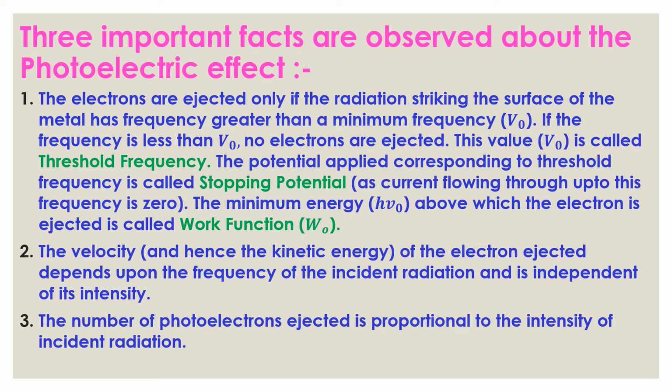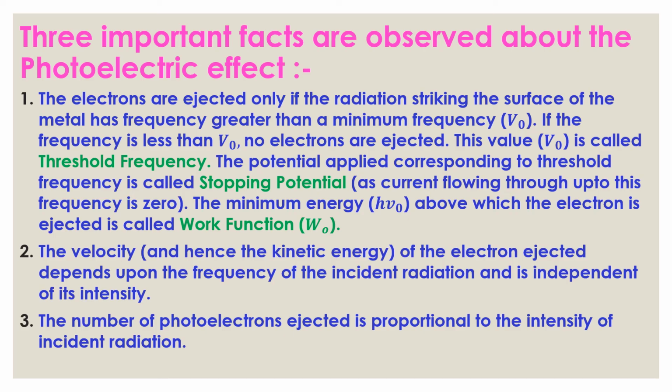Now one more important term, that is stopping potential. The potential applied corresponding to this threshold frequency is called stopping potential, meaning the voltage applied at this corresponding frequency. As we know, current flowing up to this frequency is 0. And one more important term is work function.